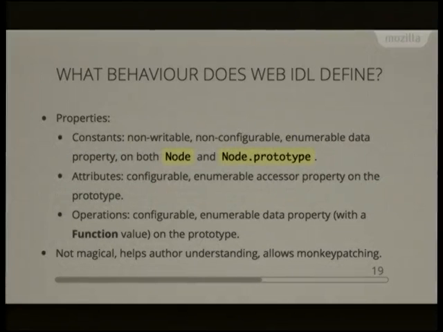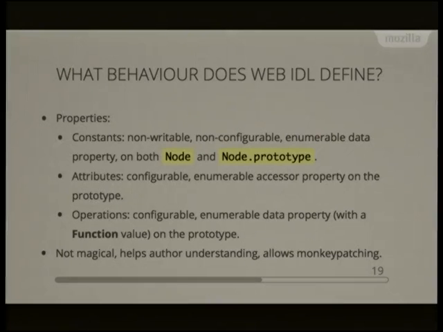So more generally, WebIDL defines what properties, constants, attributes, and IDL operations correspond to and where they live. So where they live on the prototype or on the object itself, what their attributes are, so whether they're writable, configurable. And by defining these things in terms of actual language features, it makes the behavior not magical and can help author understanding.